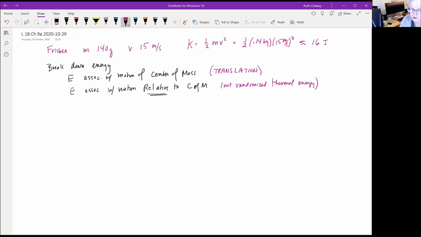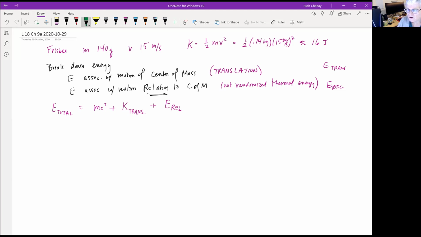And so what we're going to end up with is some expression that's sort of like this. It's going to say the total energy of something is its rest energy plus the kinetic energy associated with motion of the center of mass, which we're going to call the translational kinetic energy, plus energy associated with motion relative to the center of mass. So we're going to call this E_rel and this E_translational.